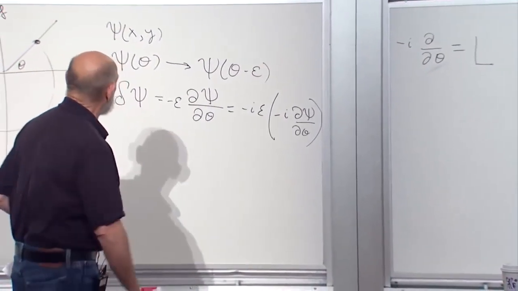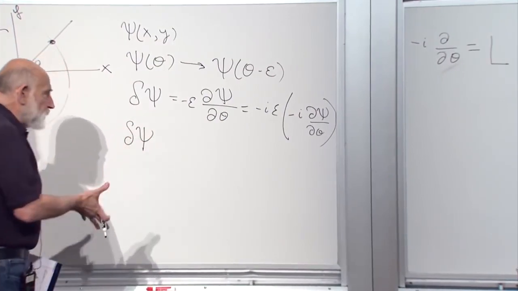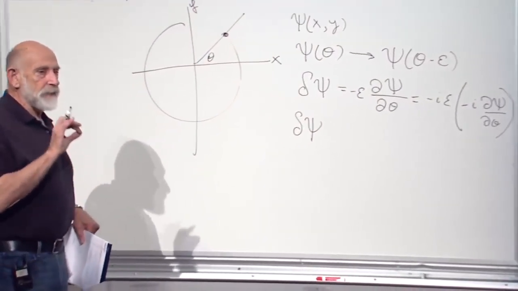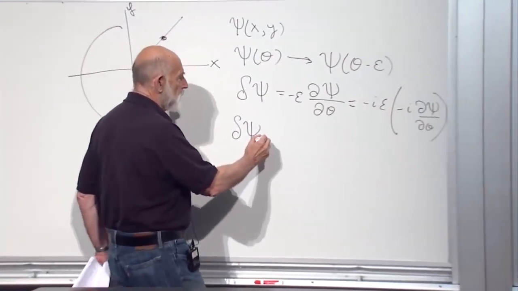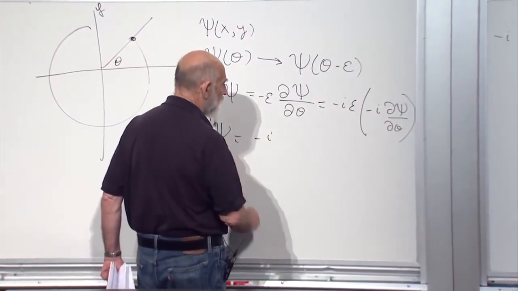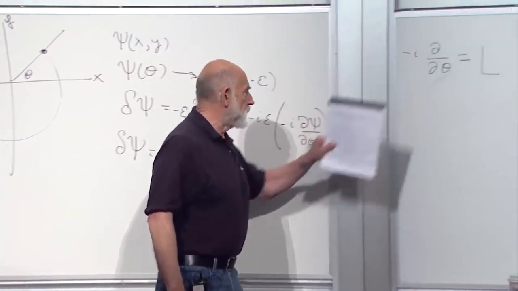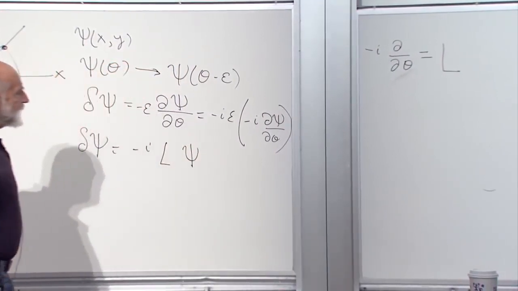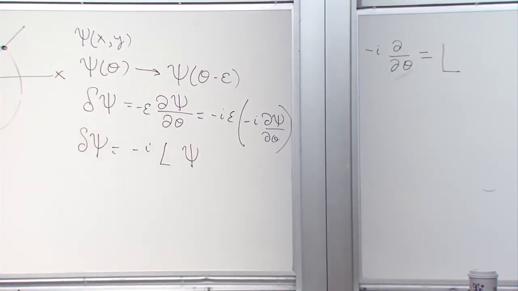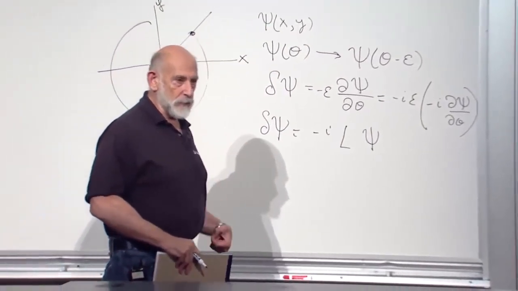And so we can write that the change in psi under the operation of infinitesimal rotation is governed by minus i times the action of the angular momentum operator on psi. That identifies, according to the definitions of last week, L as the generator of rotations.